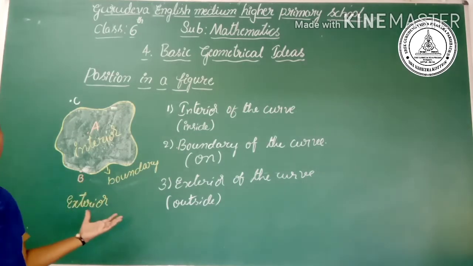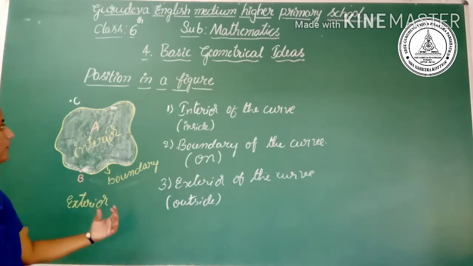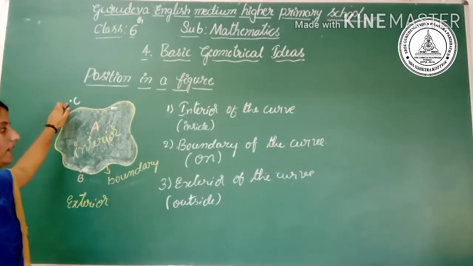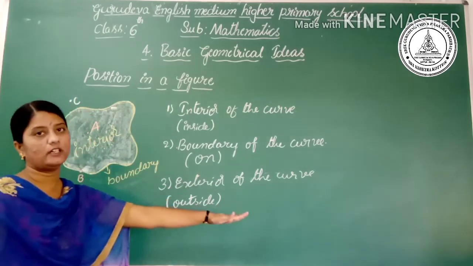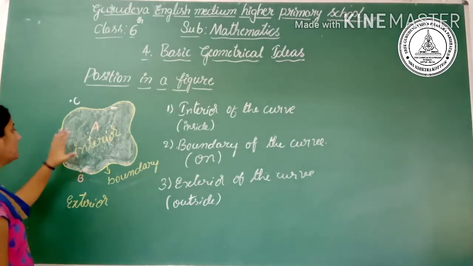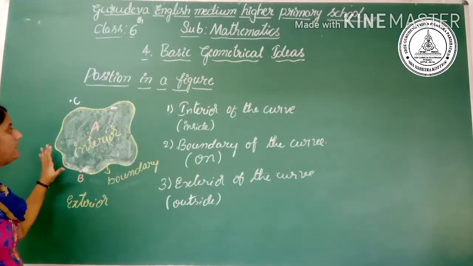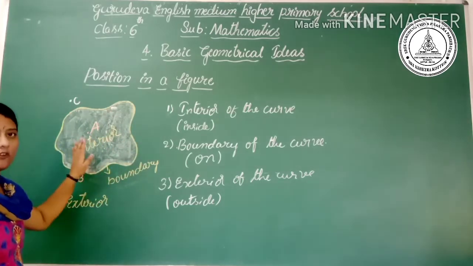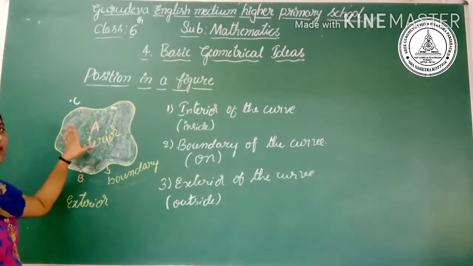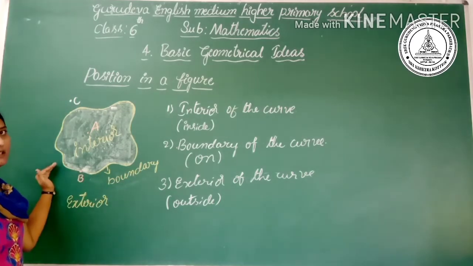Which point is located in the exterior of the curve? The point C is located in the exterior of the curve. The interior of a curve together with its boundary is called the region of the curve.